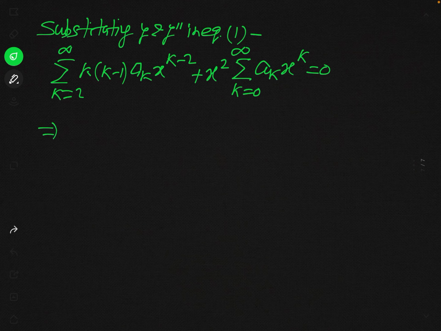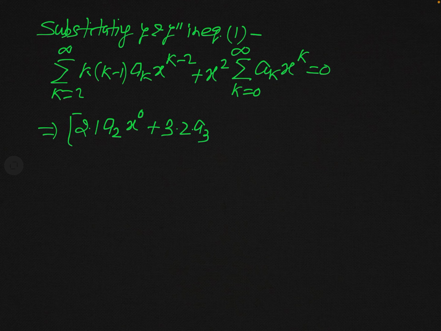Now we will expand these terms, first and second term both will be expanded, and you can see that if we take k equal to 2, this will be 2 into 1 into a2, and x to the power 2 minus 2, it means x to the power 0, and plus now we will take k equal to 3. So this will be 3 into 3 minus 1, that is 2, into a3, and x to the power 3 minus 2, and that will be simply x, and so on.